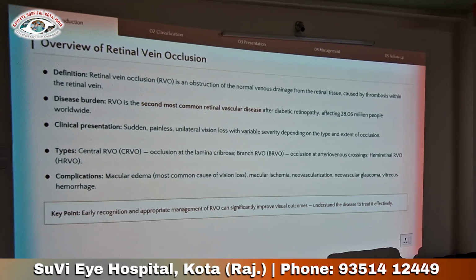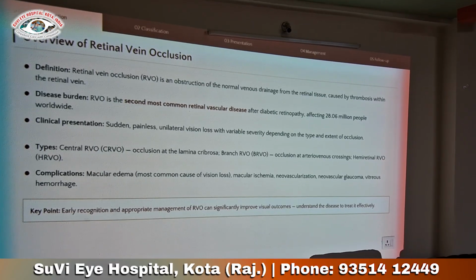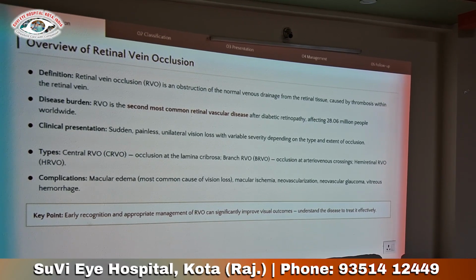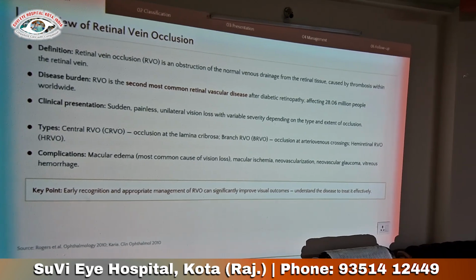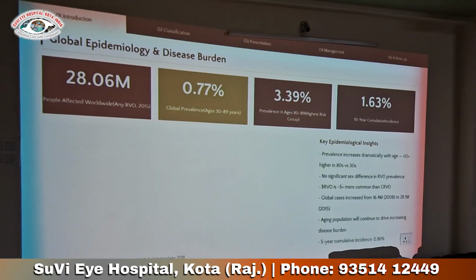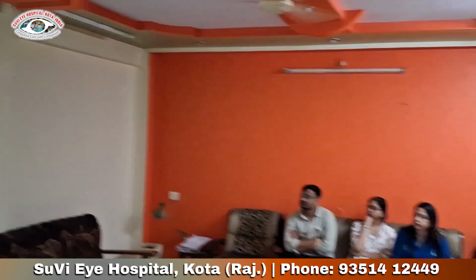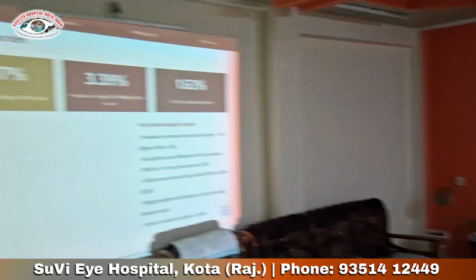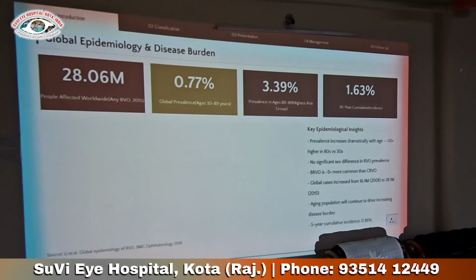So, why does retinal vein occlusion matter to us? Because it has a wide global impact and it is considered to be the second most common retinal vascular disease. Coming to the epidemiology, BRVO is considered to be 5 times more common than CRVO.